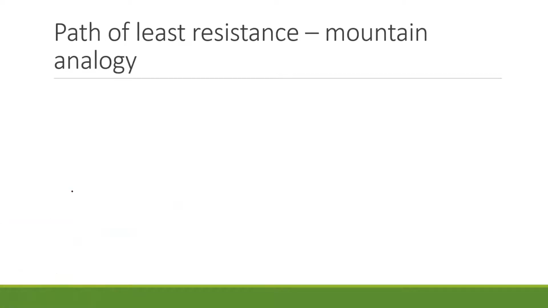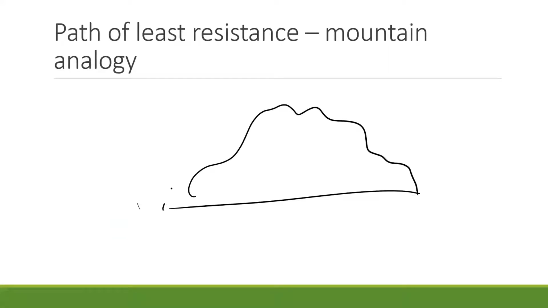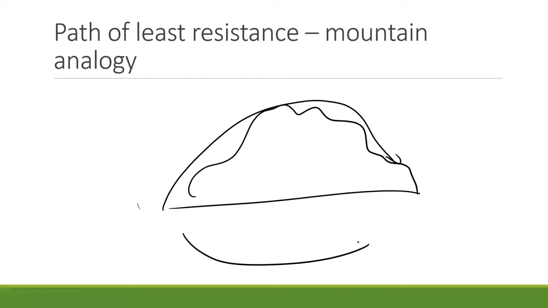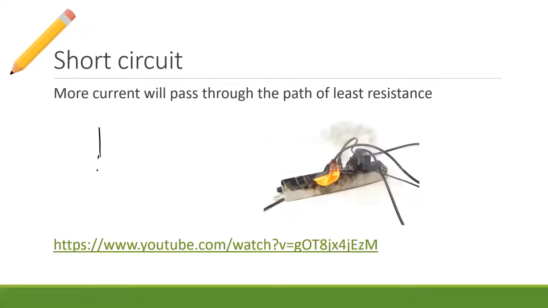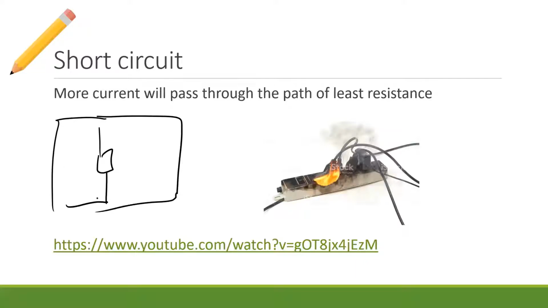Electrons just don't like trying to climb big mountains. They would rather take shortcuts. And if you provide a shortcut in a circuit, then your electrons will take that shortcut. If they take that shortcut and there's nowhere for them to drop their voltage, they'll just drop all their energy on the wire. You cause that wire to get really, really hot.